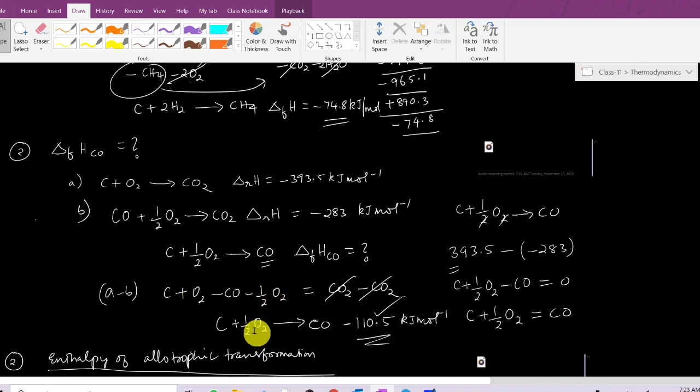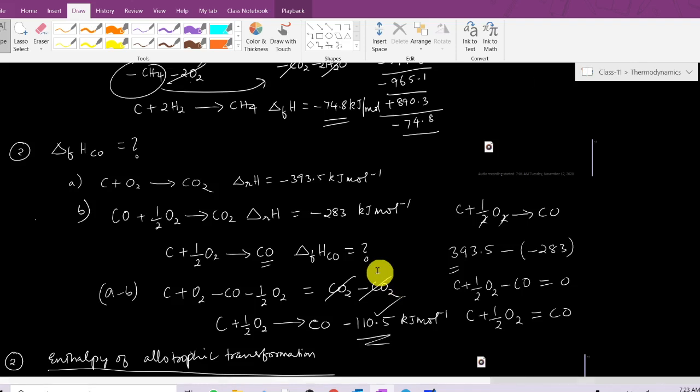The minus CO you push to the other side, and you get CO. Now you have the enthalpy for this value and this value. So if you subtract A from B, you will get this value for the enthalpy of formation of CO. Okay, so this is basically solving simple linear equations.